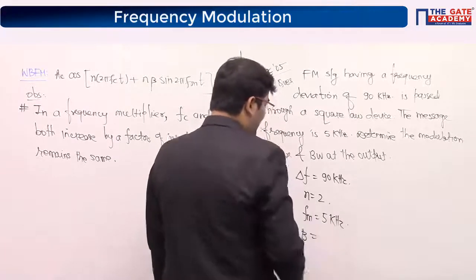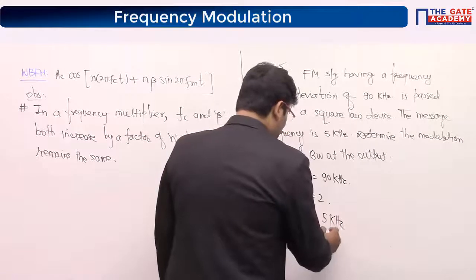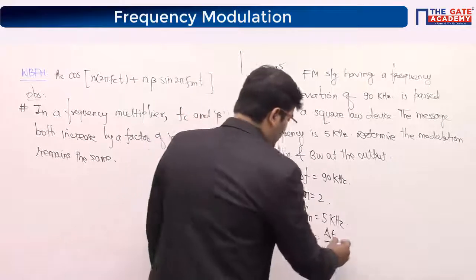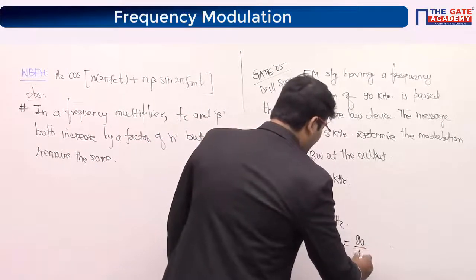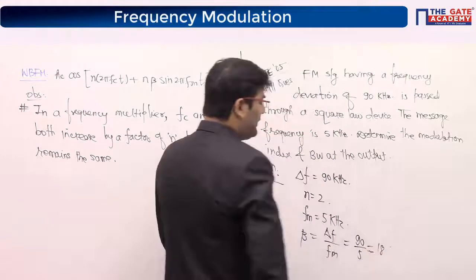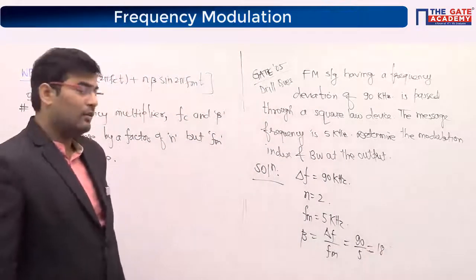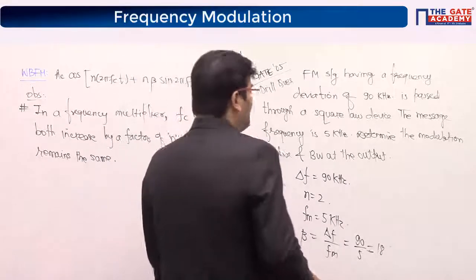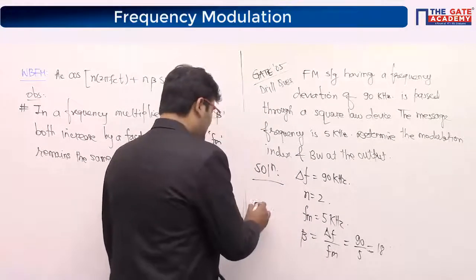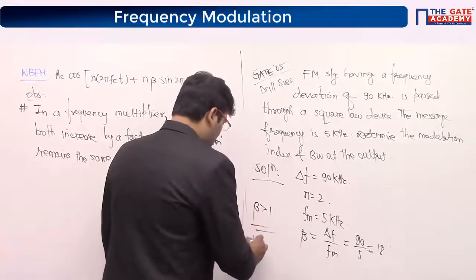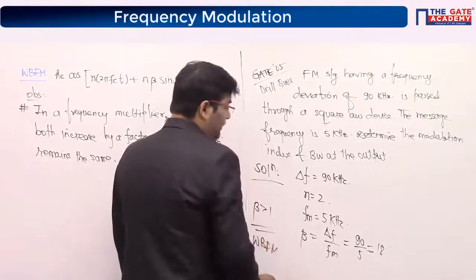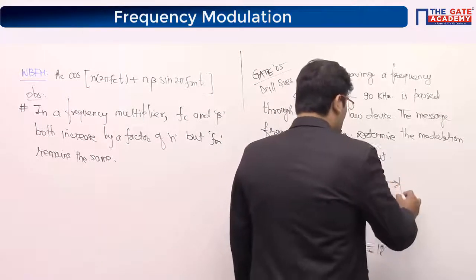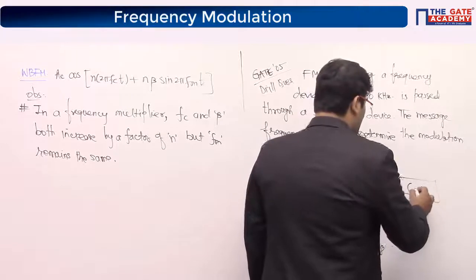Beta you can find as delta f by fm, so it is 90 by 5 equal to 18. Beta is 18. When beta is 18, even the input is wideband FM, because beta greater than 1 means wideband FM.